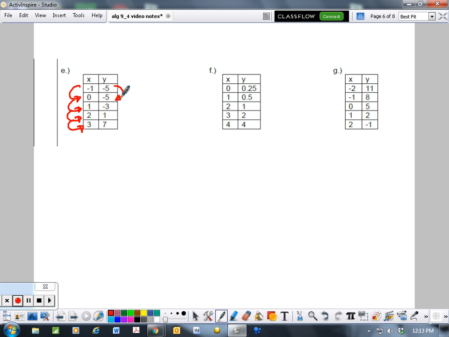We have adding 0, adding 2, adding 4, adding 6. Sorry, that's not the same at first, but it's adding 6. So we add 2, we add 2. Yep. Second differences are common, so this is a quadratic.